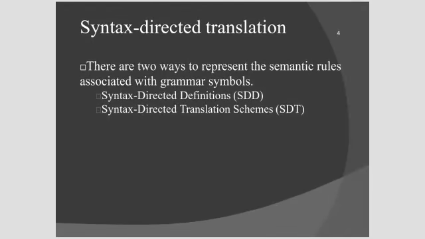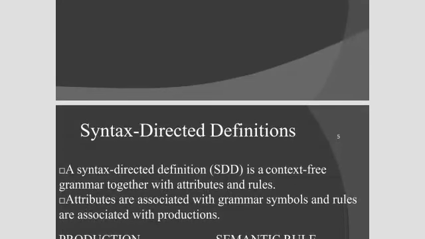In syntax directed translation, there are two types of SDT available, that is syntax directed definition and syntax directed translation scheme. What is the difference between them, we will discuss in upcoming lectures.